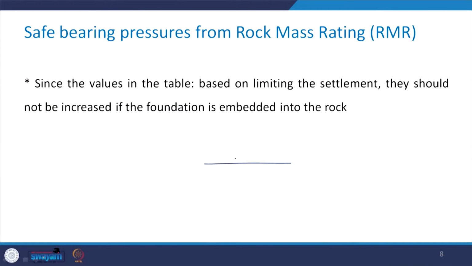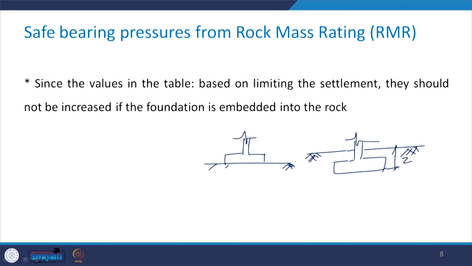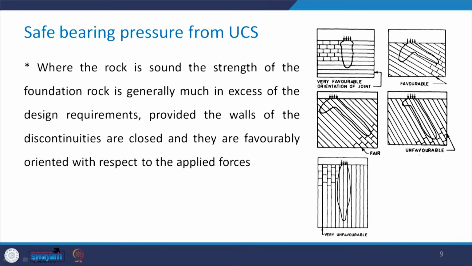Whether it is a surface footing like this, or there is an embedment, which in most cases there will be, as you will never have a surface footing, here the embedment depth is, say, Z. In such a case, whatever value you obtain, you should not increase it to account for this overburden. Now, this was all about the safe bearing pressure determination from the rock mass rating.